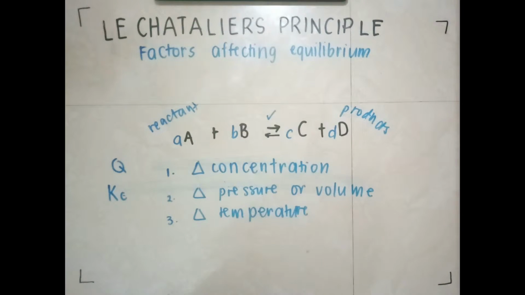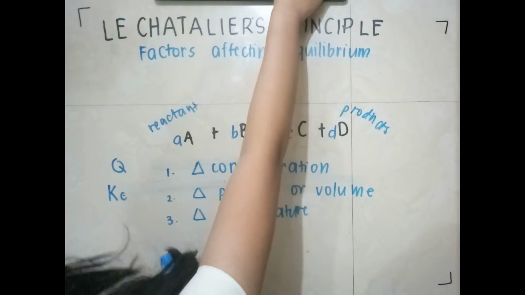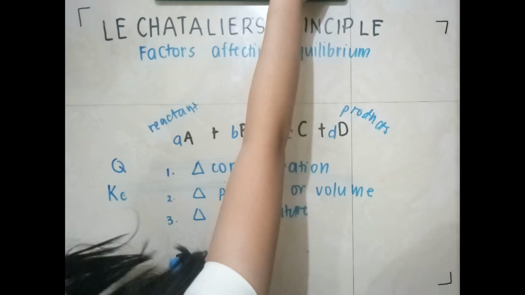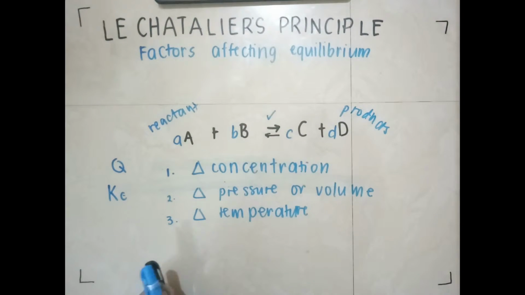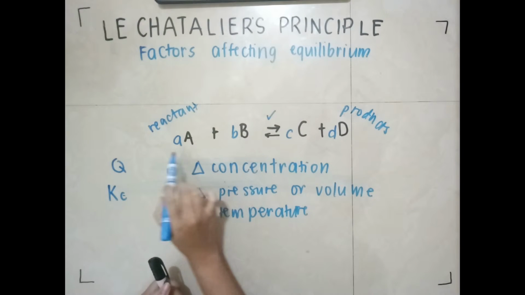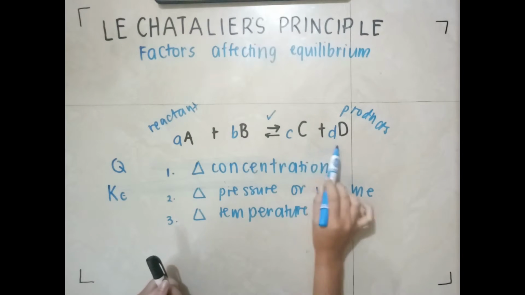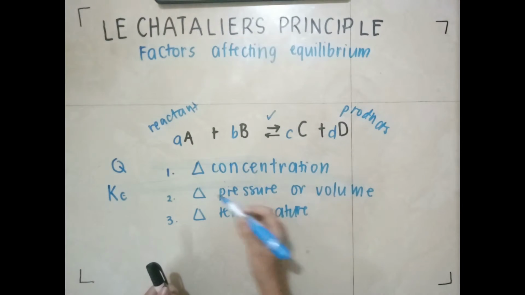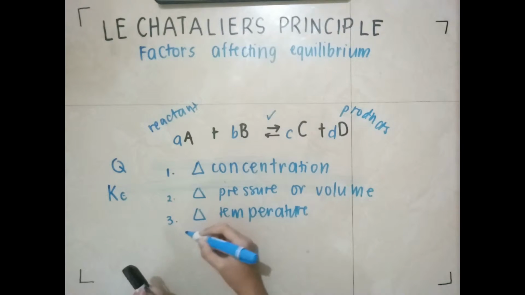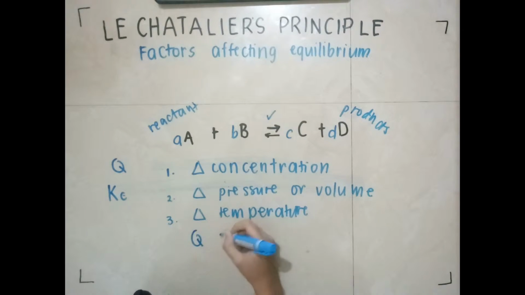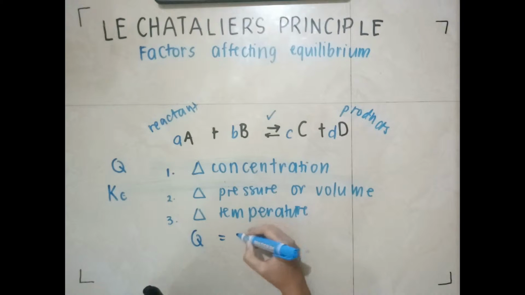First, the change in concentration. Let us consider the following system starting at equilibrium. When more reactants or products are added to the system, the value of Q changes so that it no longer matches the Kc.